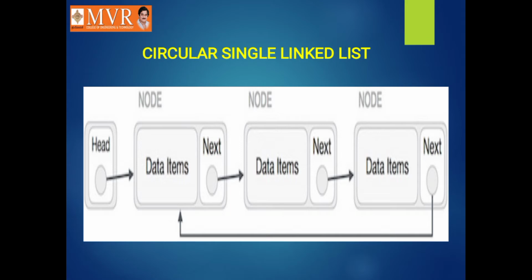This provides the address of the first node of the linked list, and from there we move to the next node and to the next node, and the last node will point to the first node in the linked list. This is a sample example of a circular single linked list.